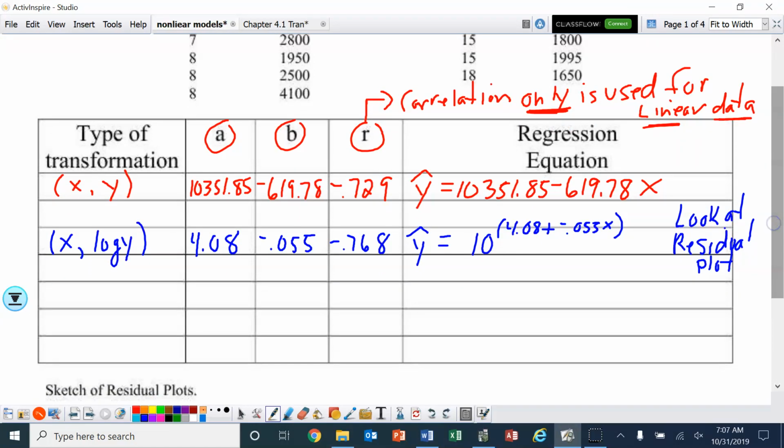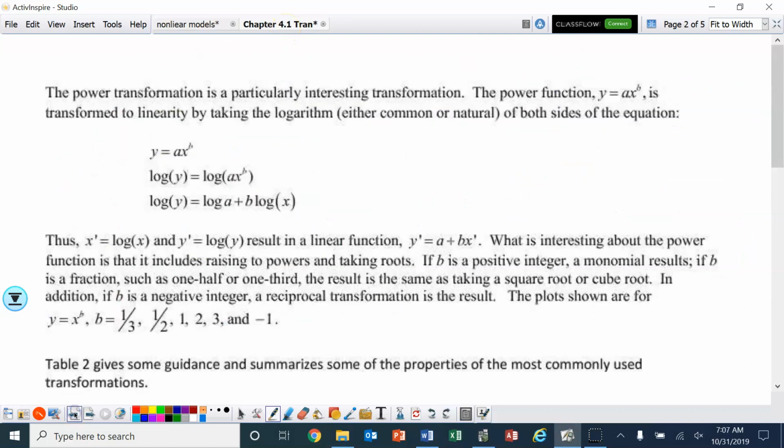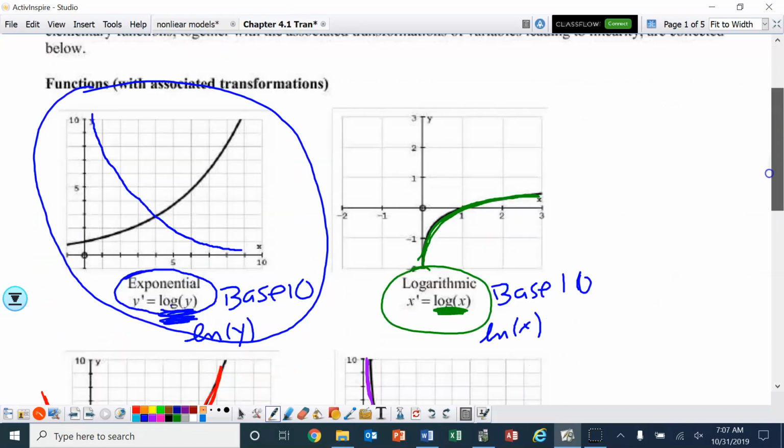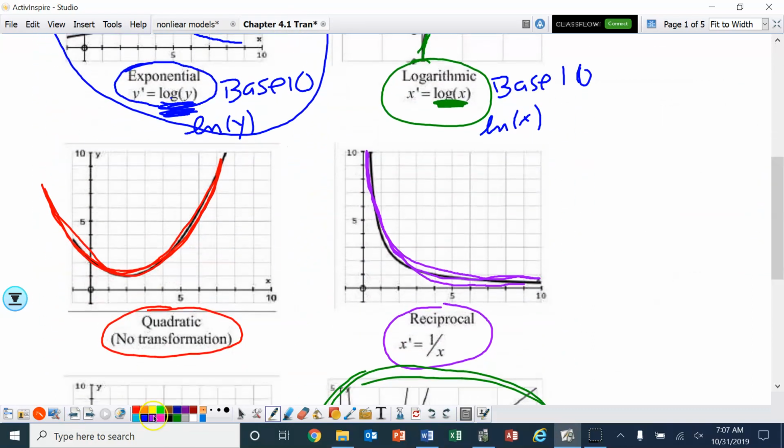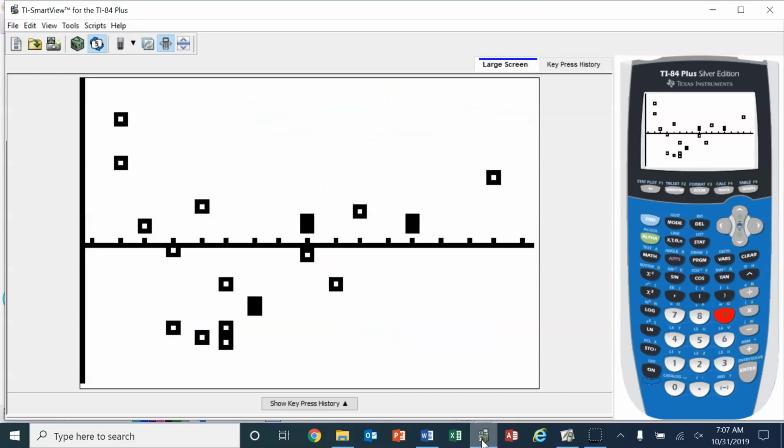All right, the next one that we want to look at that's curving down is the reciprocal. So that means we're going to take each x value and take 1 and divide it by that. All right, so back to our calculator.